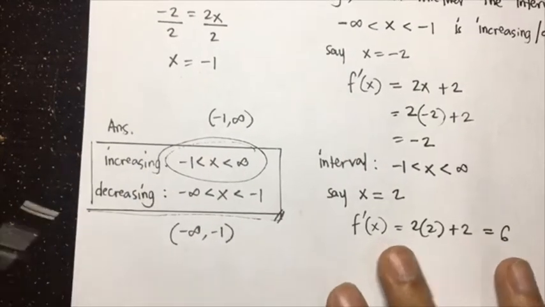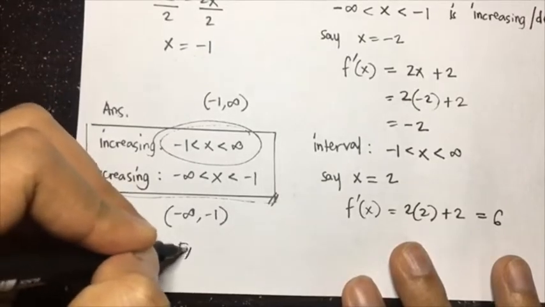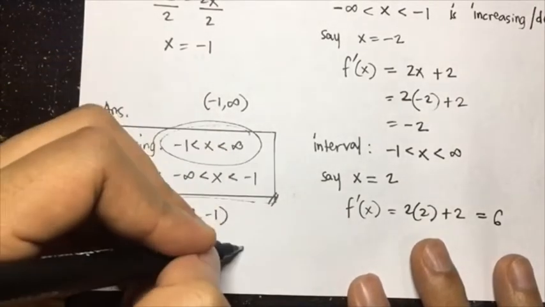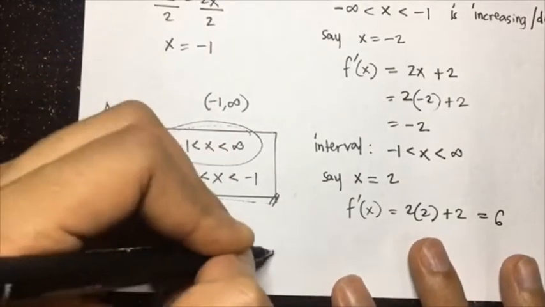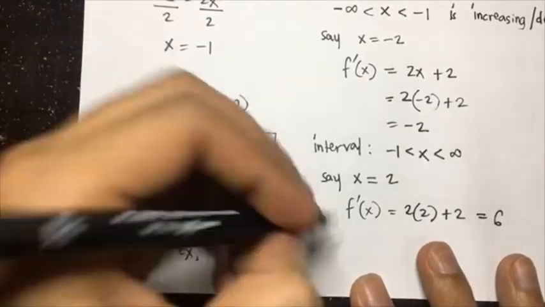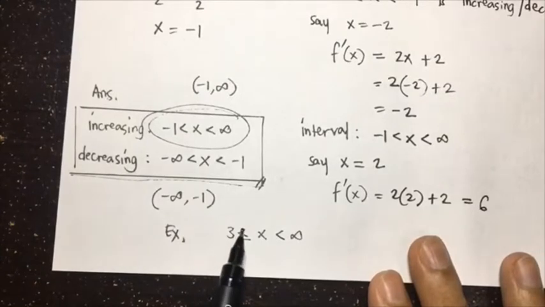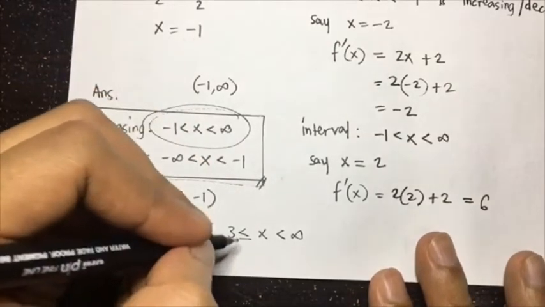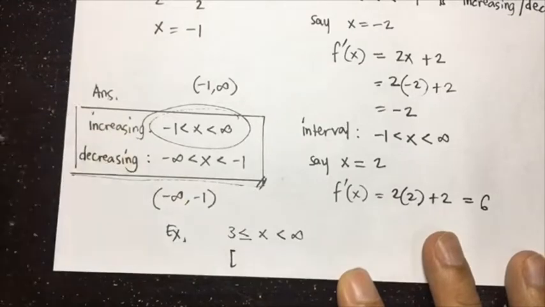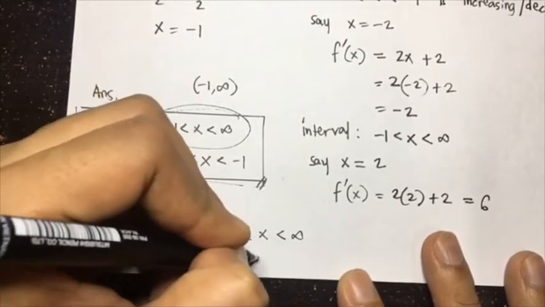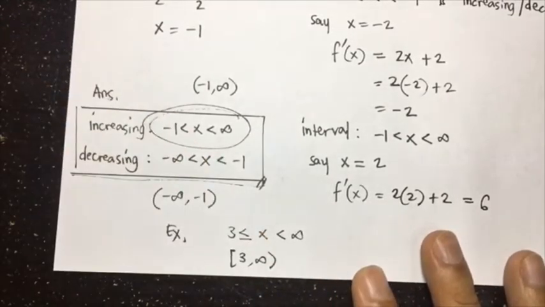Say for example, we have an interval of 3 is less than or equal to x is less than infinity. Since this is less than or equal, the 3 is also included. Therefore we will use a bracket: bracket 3 comma infinity.